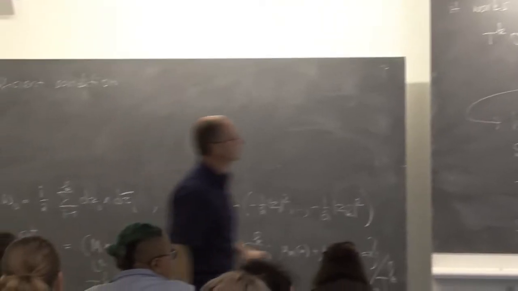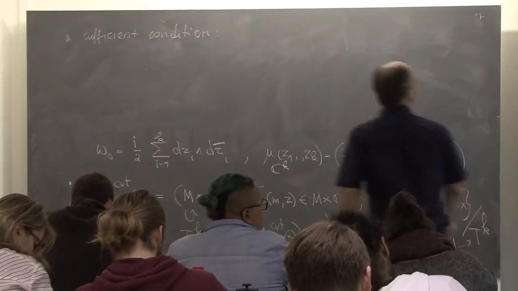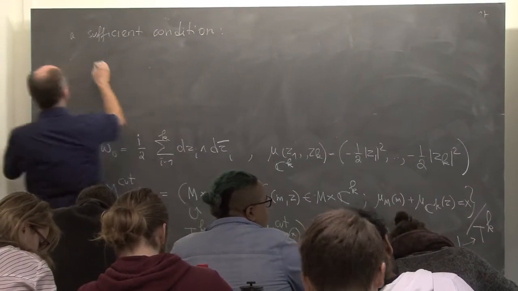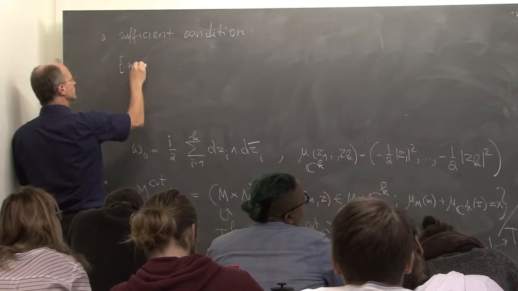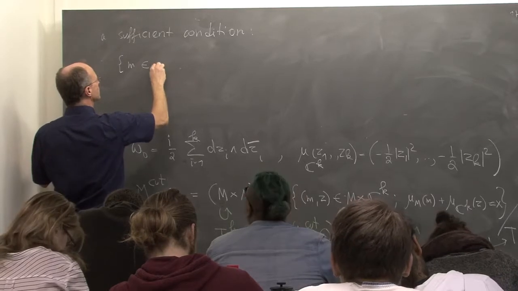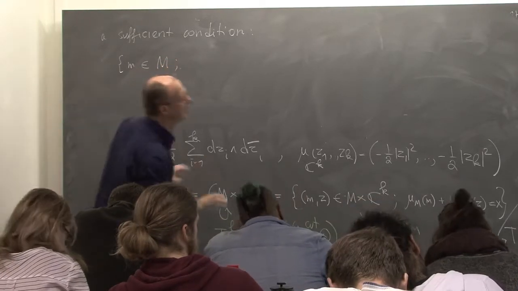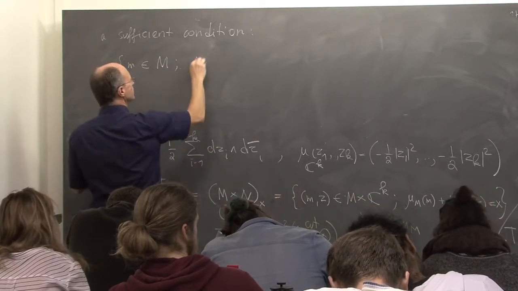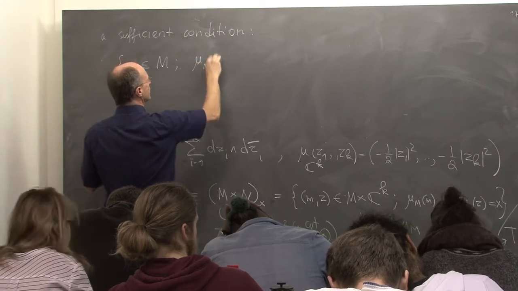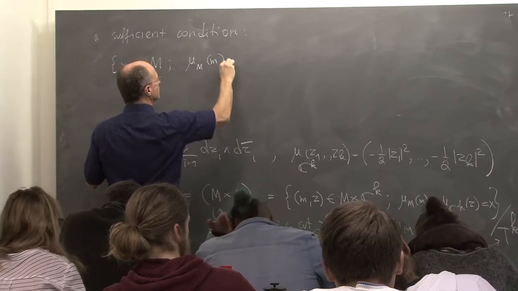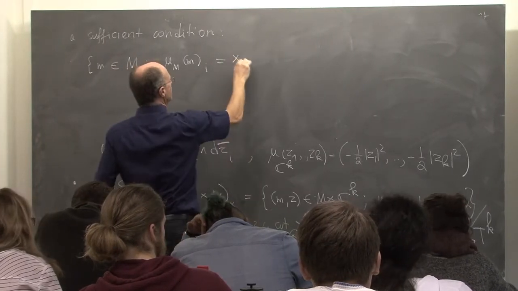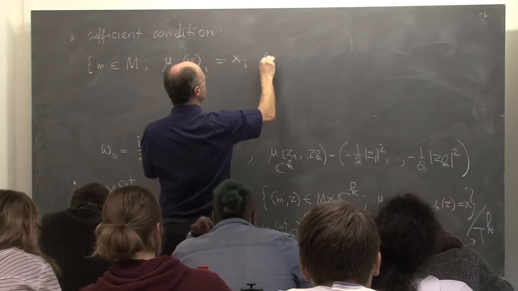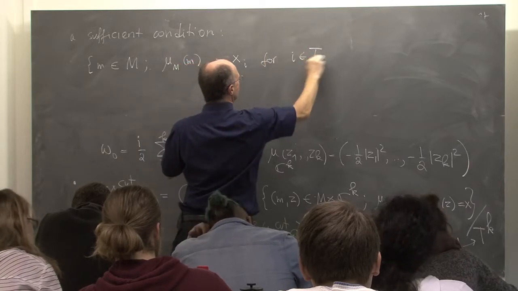So let's do the following. So let's consider m in M such that mu M of mi is equal to xi for i in I.